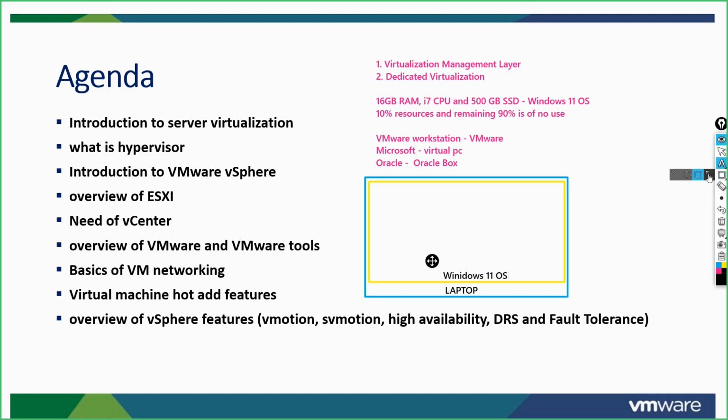So what you are going to do is download VMware Workstation from the VMware website and install this application over here. What is the name of the application? It is VMware Workstation. You are going to install this software on your laptop.